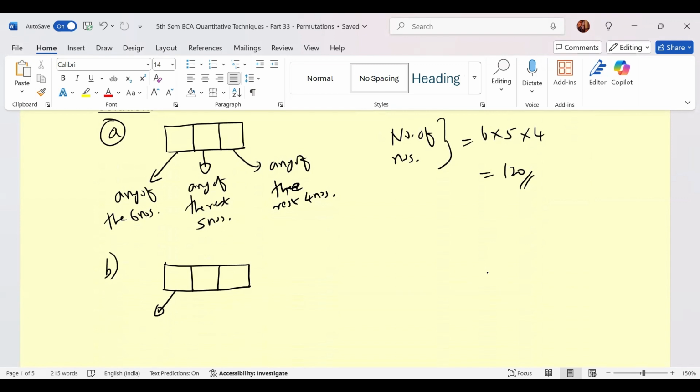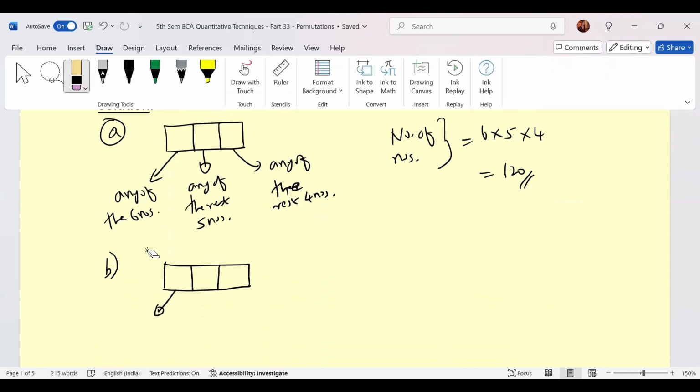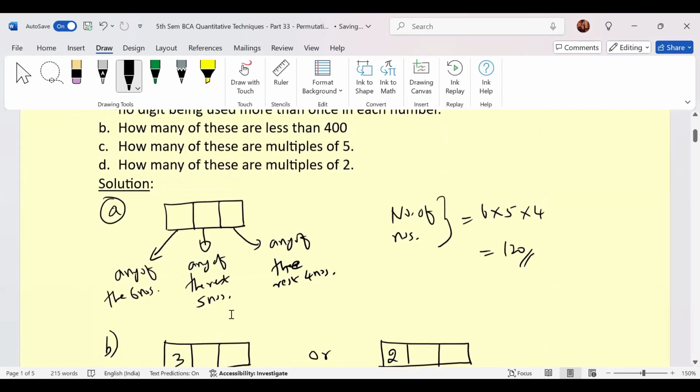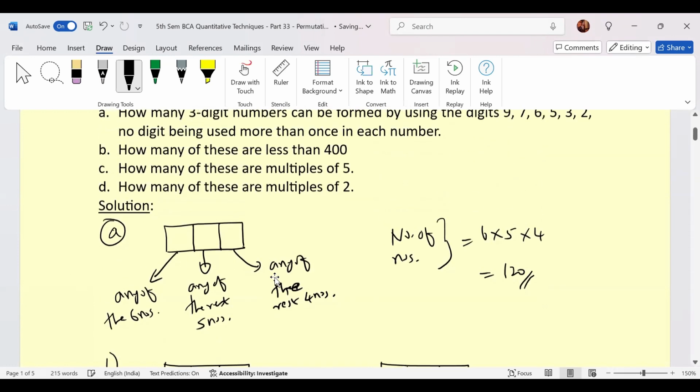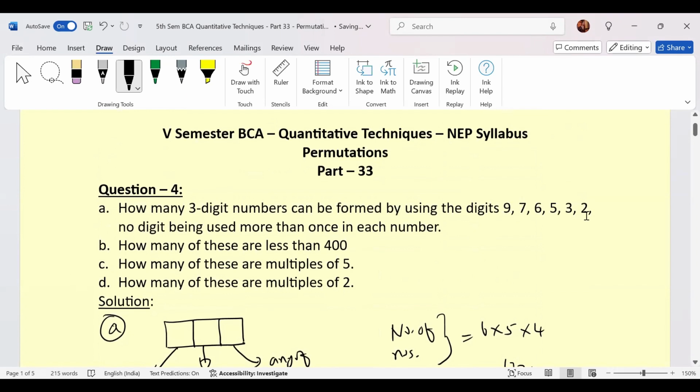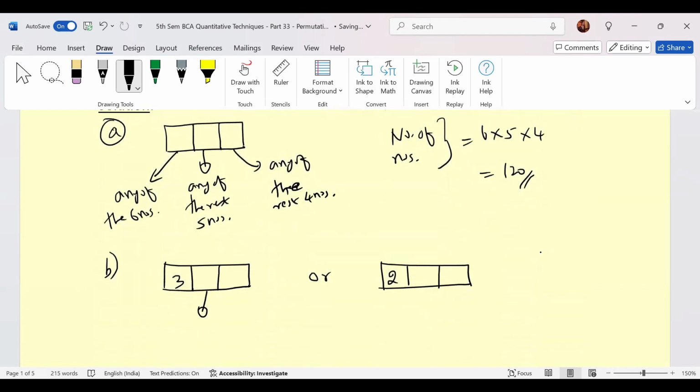So if it is 3, this 10th digit can be occupied by any of the rest of 5 numbers. This one can be occupied by any 4 because one number already occupied here.